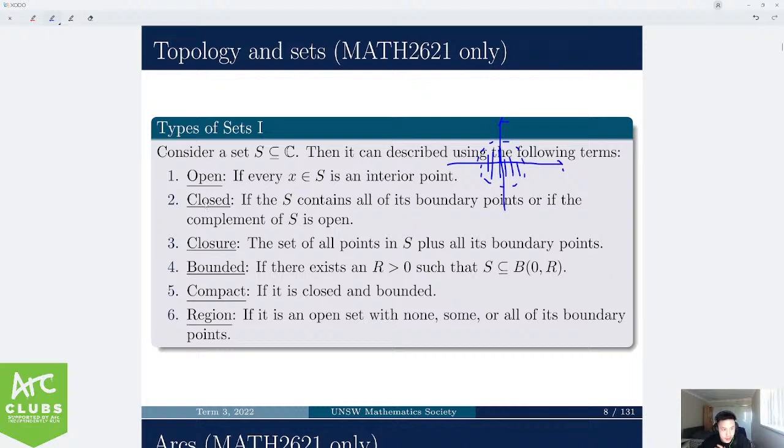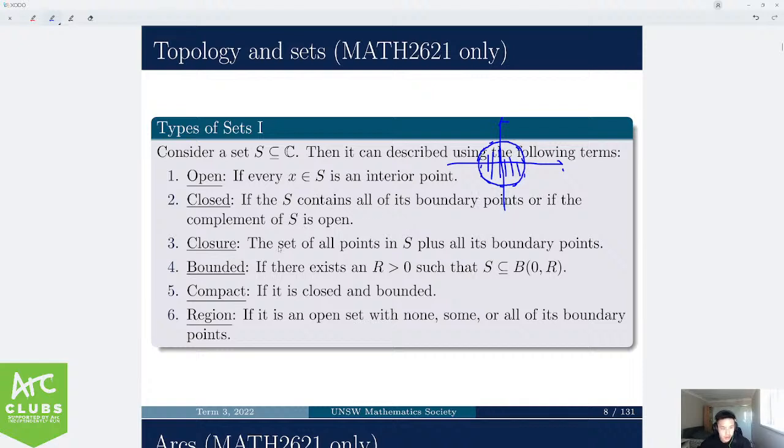Number 2, a set is going to be closed if the set contains all of its boundary points. So if I were to instead highlight the boundaries here, this open set of the ball contains all of its boundary points, and hence it's going to be closed.